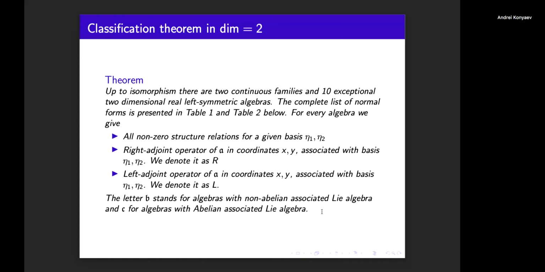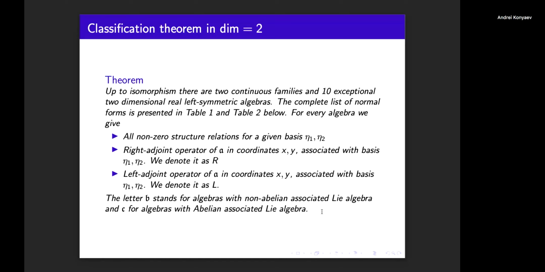It means that we need to write eta 1 times eta 1, eta 1 times eta 2, eta 2 times eta 1, eta 2 times eta 2. We will write only non-zero multiplications. If some of these multiplications are missing, it means that the corresponding multiplication is 0, to shorten the table a little bit. And after you get this table of multiplication, we will write two operators.